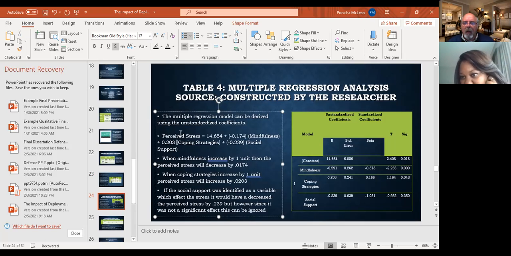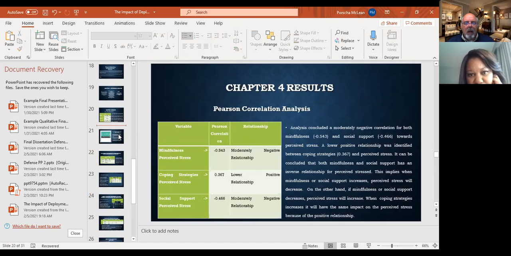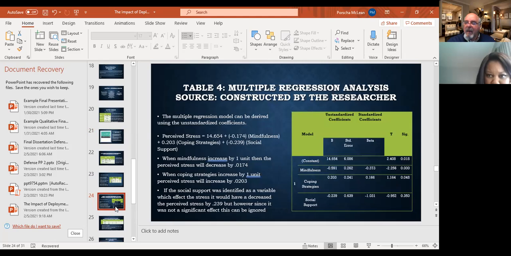Okay, so it's in one of these tables. No, let's just use this table right here.